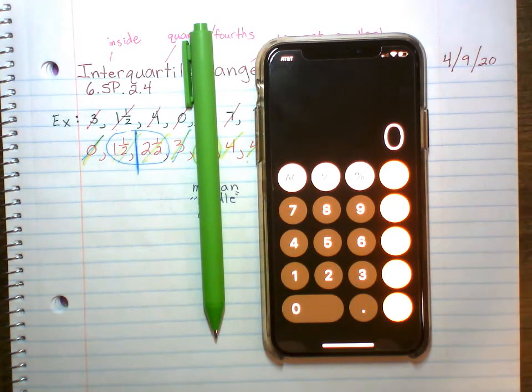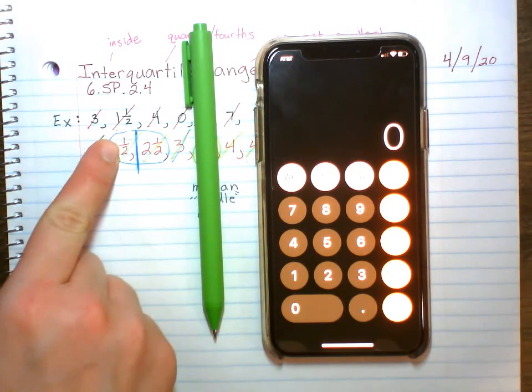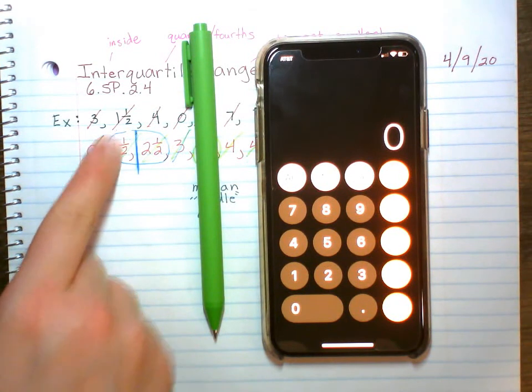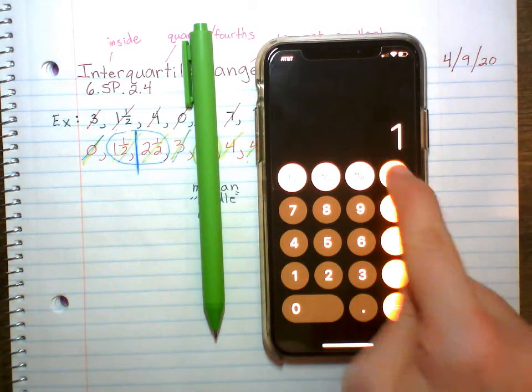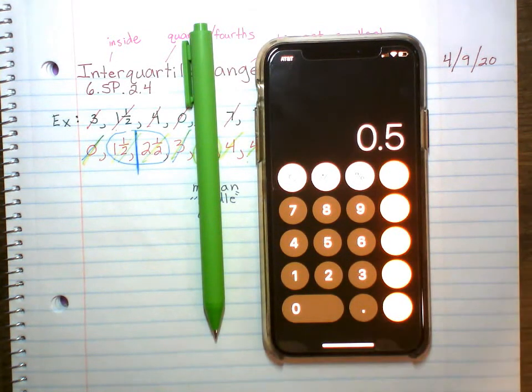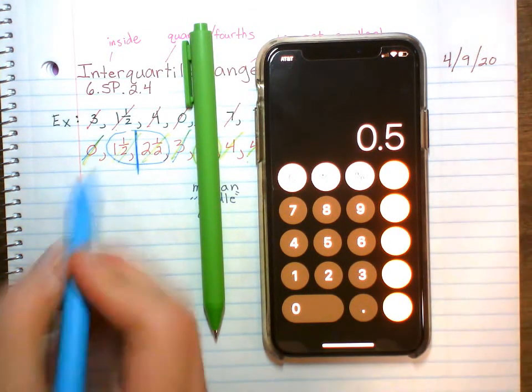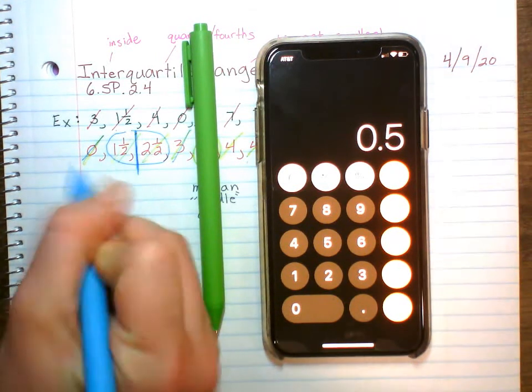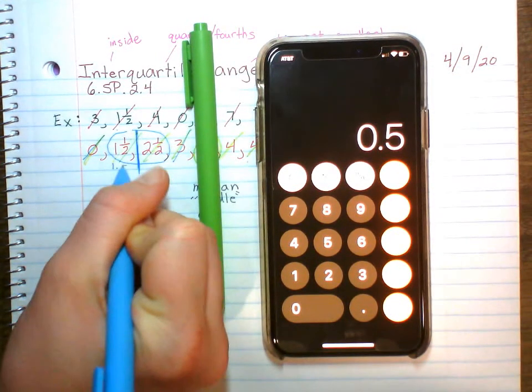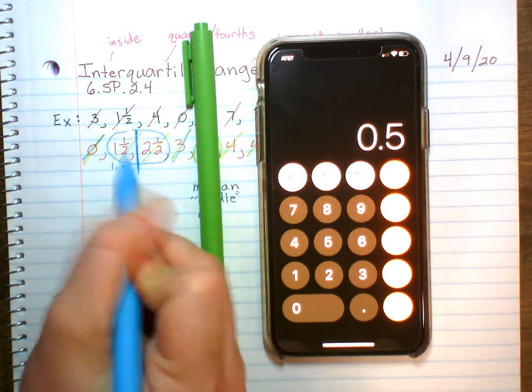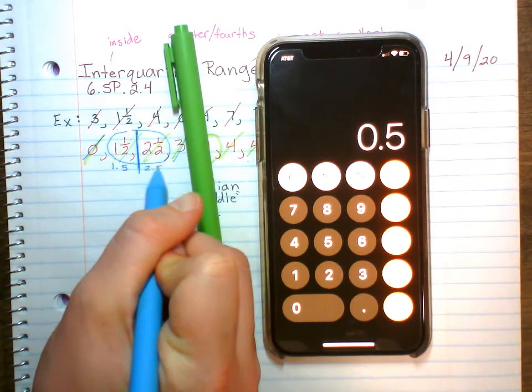You need to turn it into it. So 1/2 as a fraction, drop the top, put it in the box. You do the top divided by the bottom. 1 divided by 2 is 0.5.